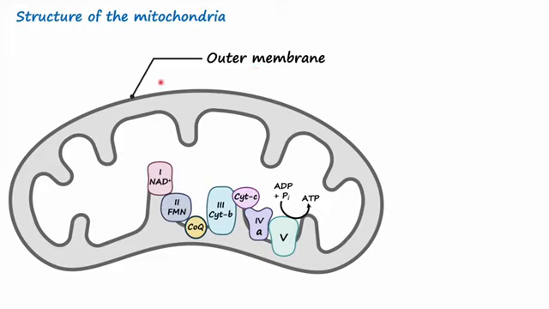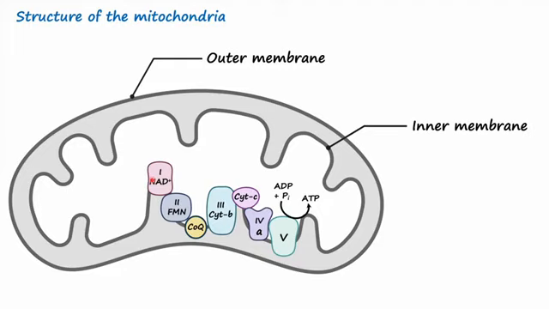And there is the inner membrane, which is a specialized structure that is impermeable to most small ions, including hydrogen, sodium, potassium, as well as most small molecules such as ATP, ADP, pyruvate, and other metabolites. The inner membrane is unusually rich in proteins, half of which are directly involved in the electron transport chain and oxidative phosphorylation.